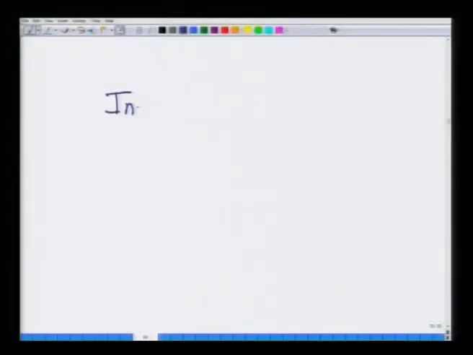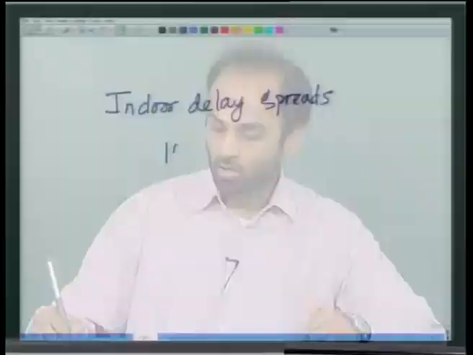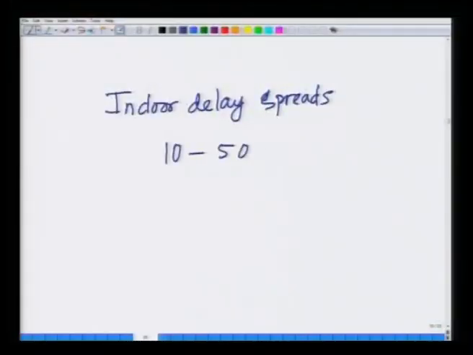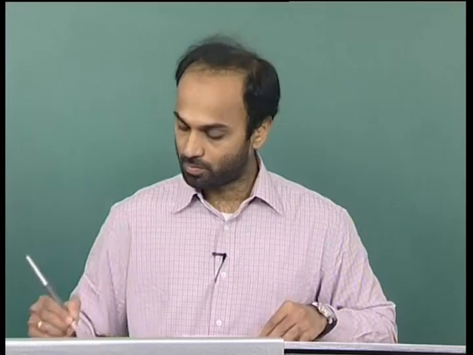So, indoor delay spreads, for instance, if you are employing a wireless LAN system, that is an 802.11b system, inside a room, because the distances are smaller, the indoor delay spreads are around 10 to 50 nanoseconds. So, this is the typical value of the indoor delay spread.